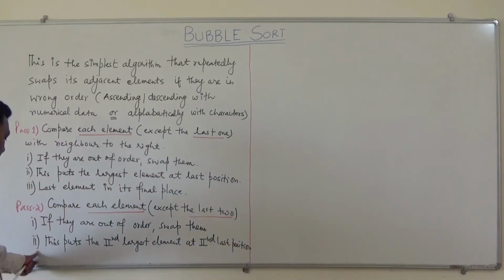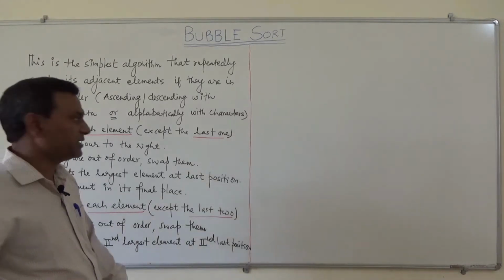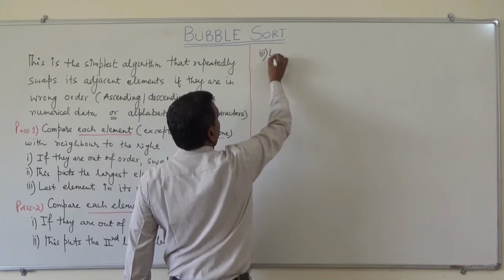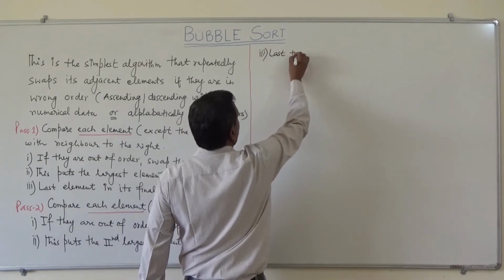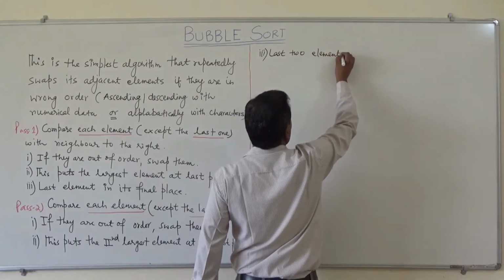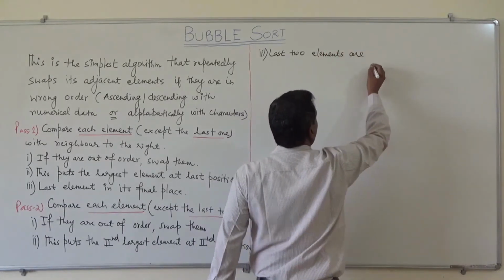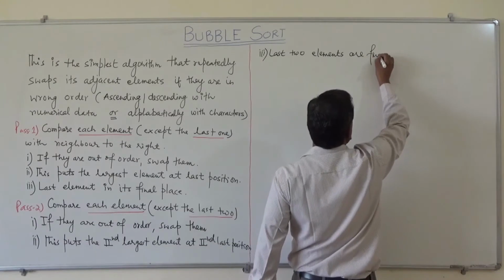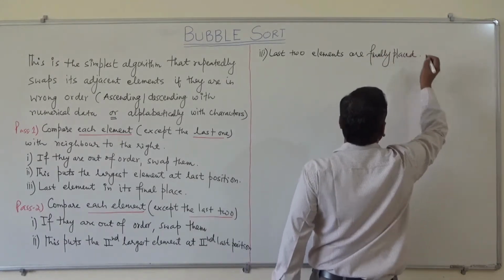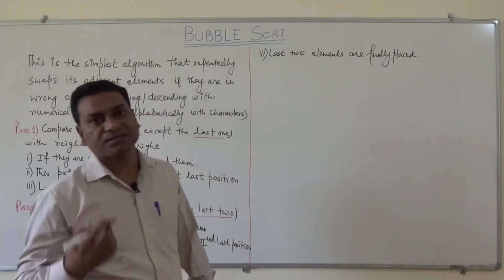So in this way the last two elements are finally placed. Now we will see pass 3.